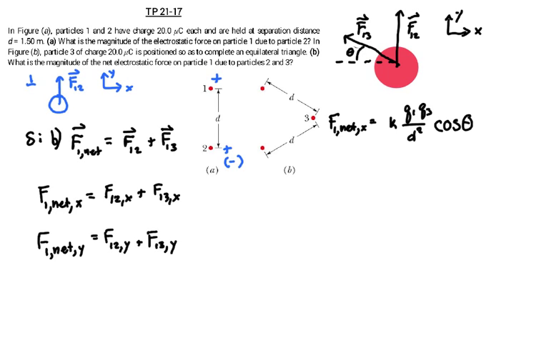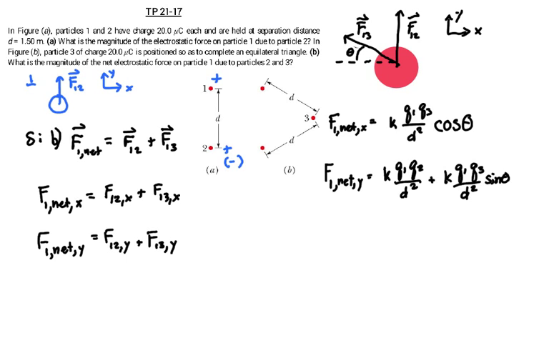And when I go and do the y component, I have the electrostatic force on particle 1 due to particle 2 in its entirety because it is in the y direction only. And then I have the vertical component of the electrostatic force on particle 1 due to particle 3.